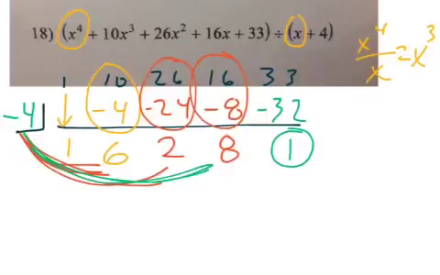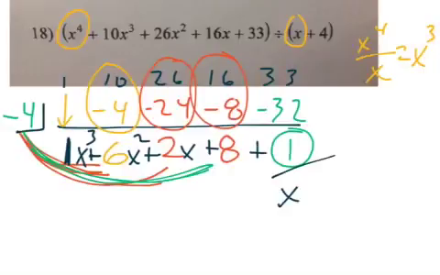So notice, coming down to my answer, this 1 that I just highlighted in black is really 1x to the 3rd plus 6x squared. I'm just going to count down in powers, plus 2x plus that constant 8 plus a remainder of 1 over x plus 4.